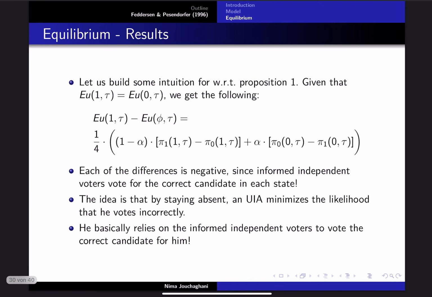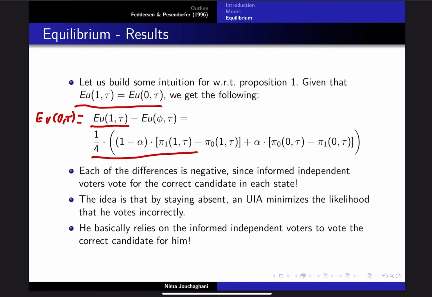Okay, so let us build some intuition with respect to proposition 1. Given that an uninformed independent agent is indifferent between voting for candidate 1 and voting for candidate 2, if we consider everything from the perspective of voting for candidate 1, we can substitute E of U of 0 of tau because it's equal, but we're just doing it for 1 now.